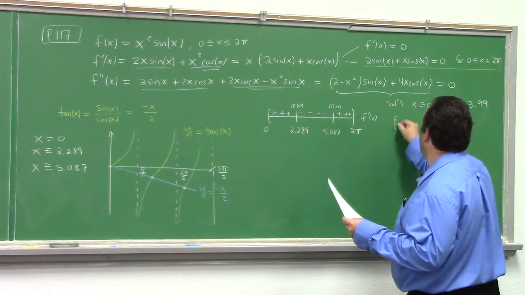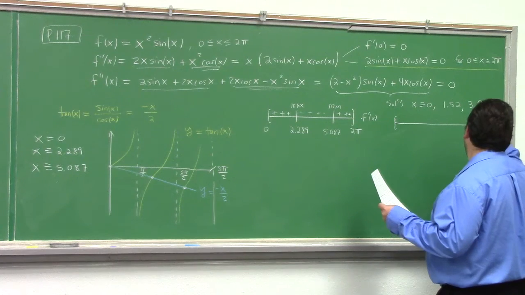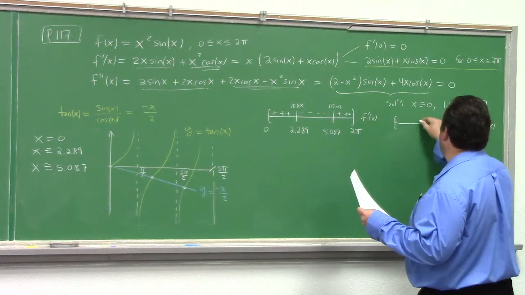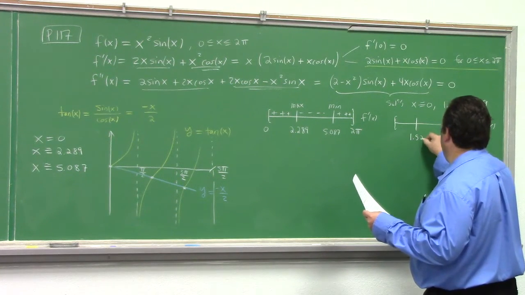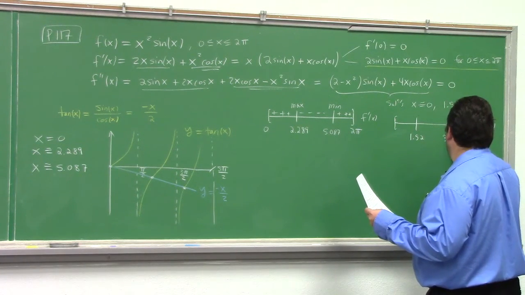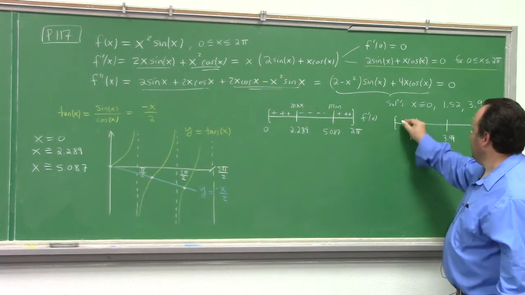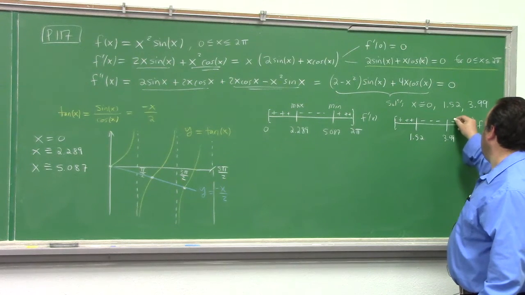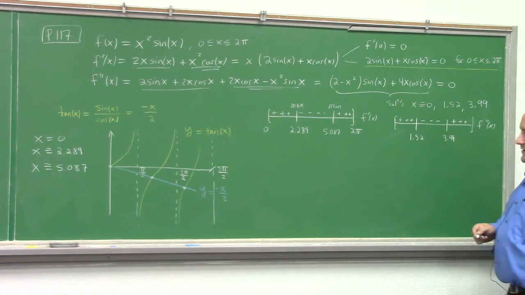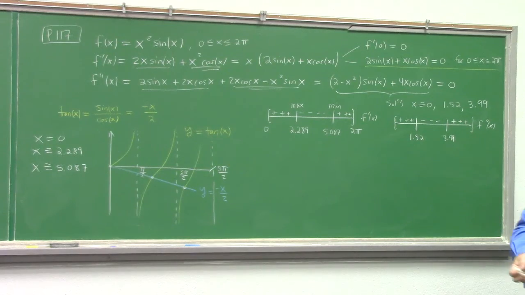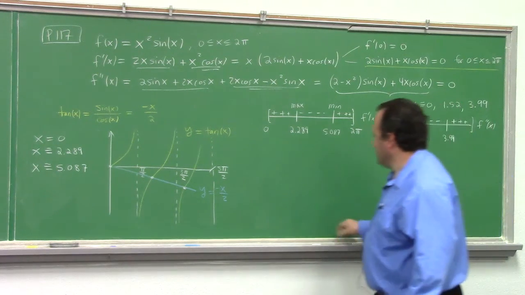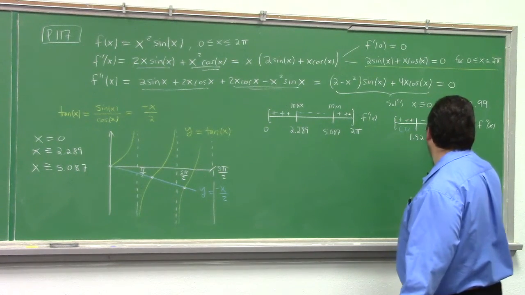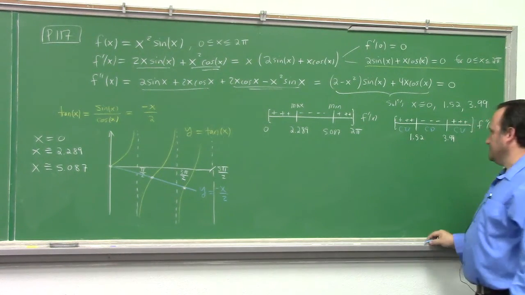The second derivative sign chart has zeros at 1.52, 3.99, and when you plug in points, you get positive here, negative here, positive here. So it so happens that 1.52 and 3.99 are actually inflection points, because it's concave up here, concave down here, concave up here, right?